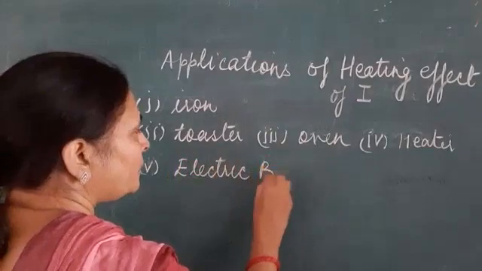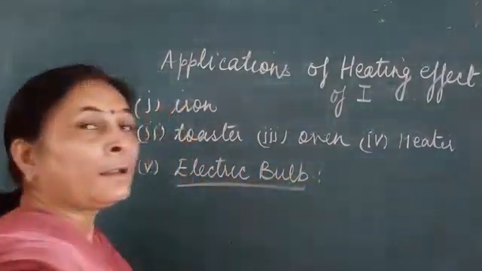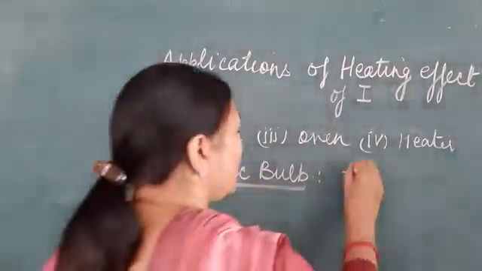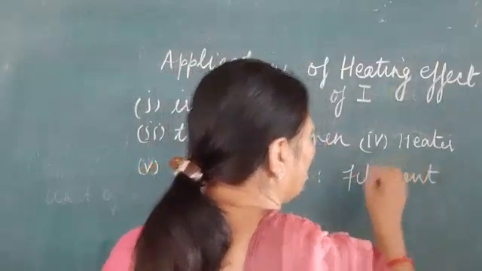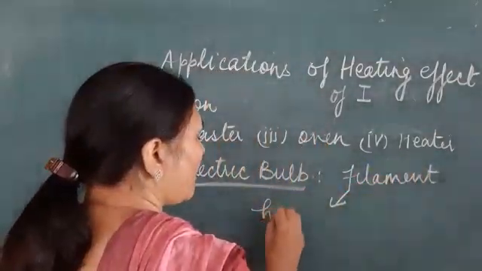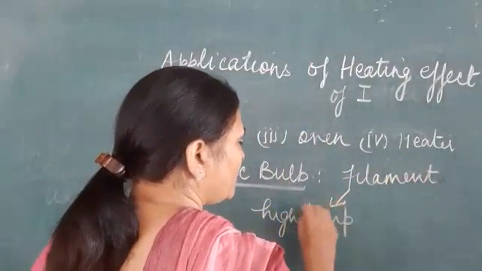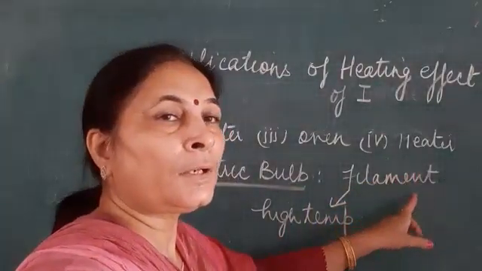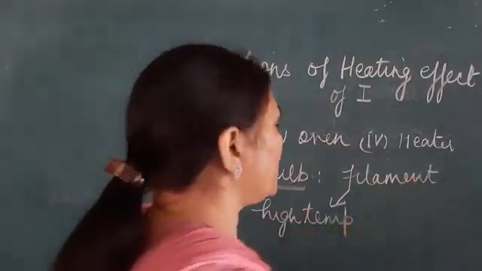And how the electric bulb uses this heating effect is that the filament of the bulb is made of such a metal which has a high temperature tolerance, because the basic principle behind the working of a filament is that when electric current flows through the filament, it will get very hot.